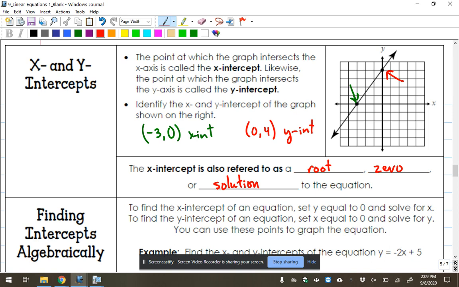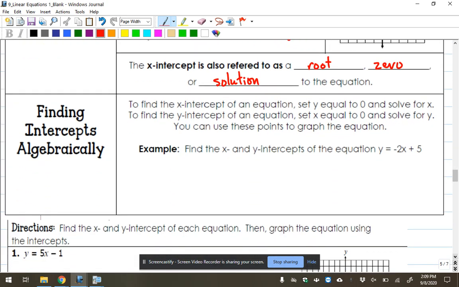And when we talk about x-intercepts for higher degree polynomials, we'll talk about them being roots, zeros, or solutions to the equation. All right, so let's talk about finding some of these intercepts algebraically. Algebraically means working it out, not looking at a graph. That's all that means.